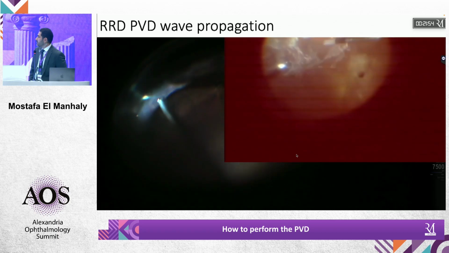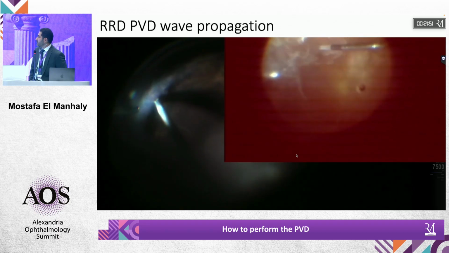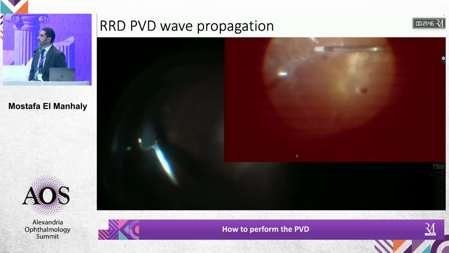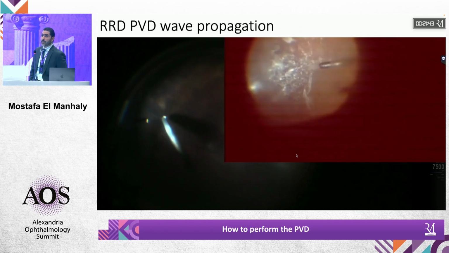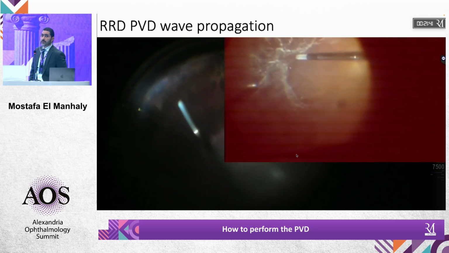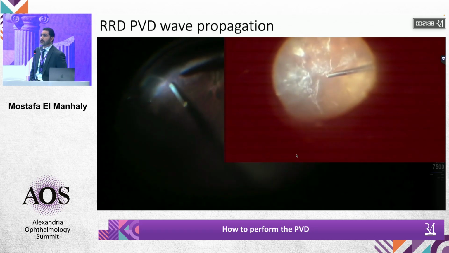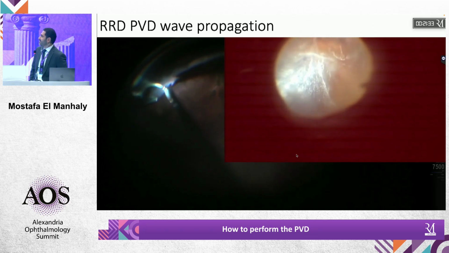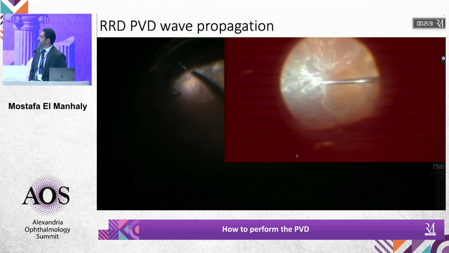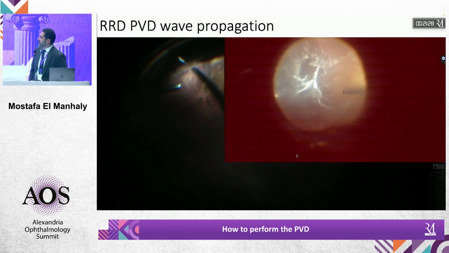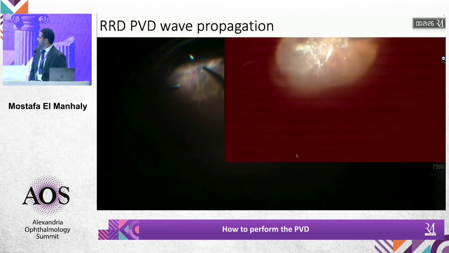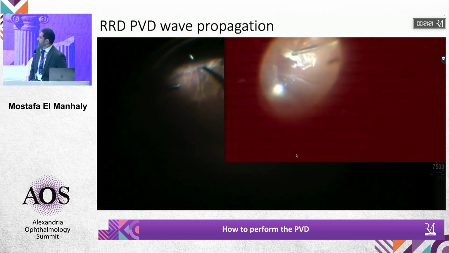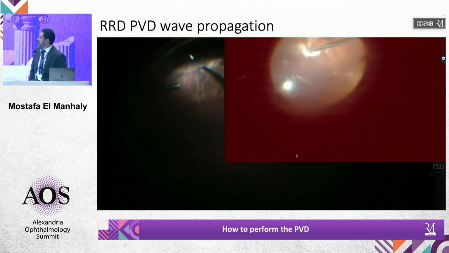You direct a jet of fluid to the posterior hyaloid, remembering that the fibers of the vitreous are arranged in a radial manner, so this jet of fluid can initiate a hole in the posterior hyaloid, from which fluid goes to the space between the posterior hyaloid and retina, and when it reaches the retina, it is pushed sideways, so the plane can be created between the retina and posterior hyaloid. As you see now, the posterior hyaloid is a separate sheath from the retina that you can easily remove.